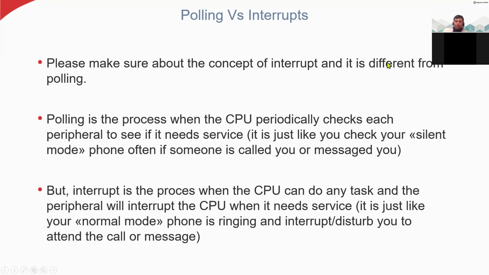Of course we have the microcontroller and we have the pin. And when the CPU is executing the main program, every few seconds the CPU comes and checks the status at the pin, to see if it needs any service or not.